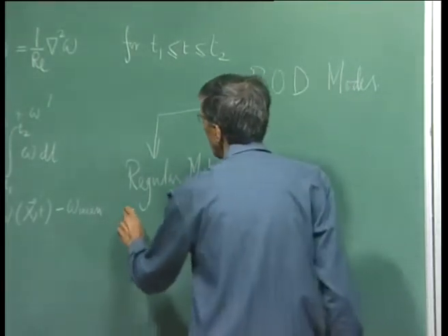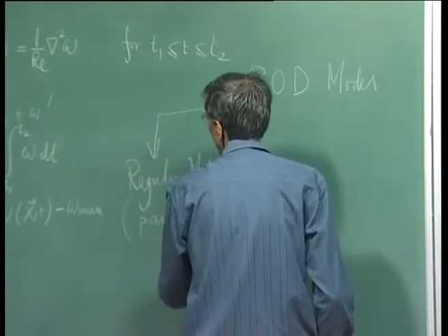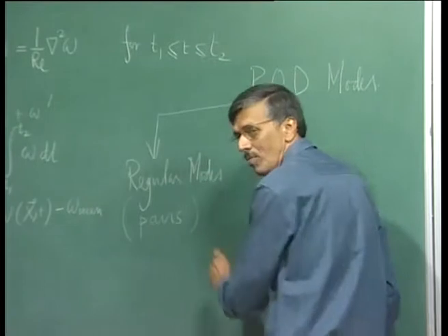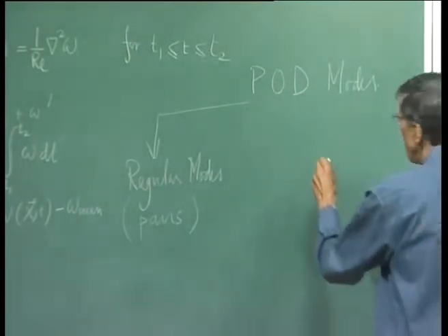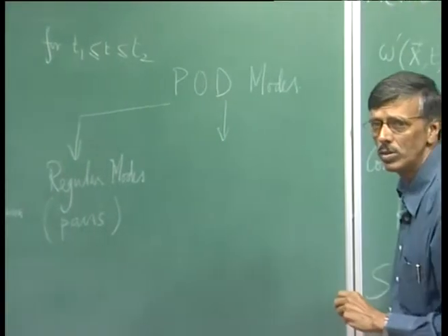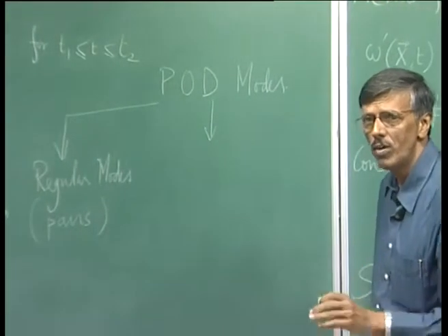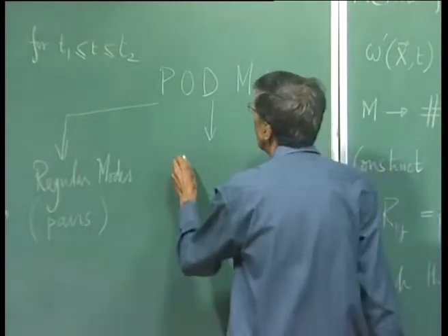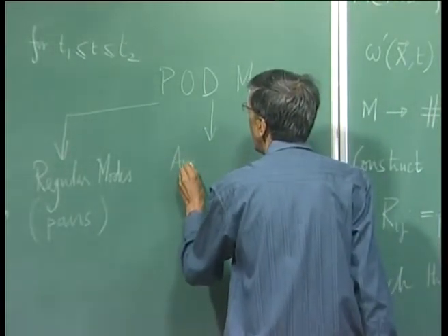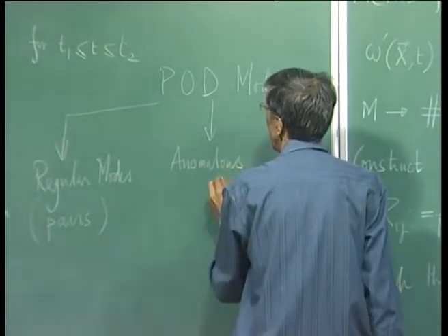They are basically caused by pairs. Then we talk about those modes which do not form pairs. This we call anomalous modes.